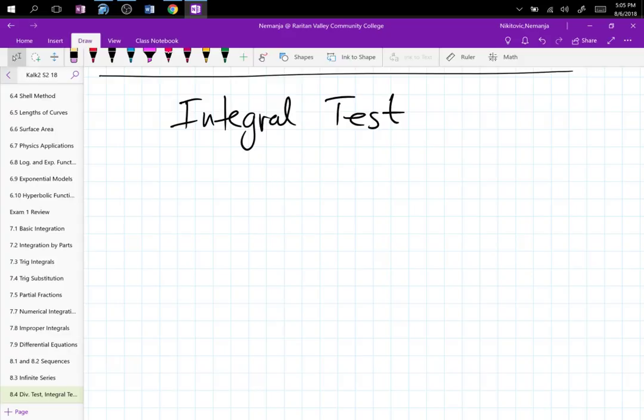However, what we can do is we can connect those dots with a function. Kind of fill it in. And then you can integrate the function. If the area under the curve converges, then if the conditions were satisfied, the series would converge as well.